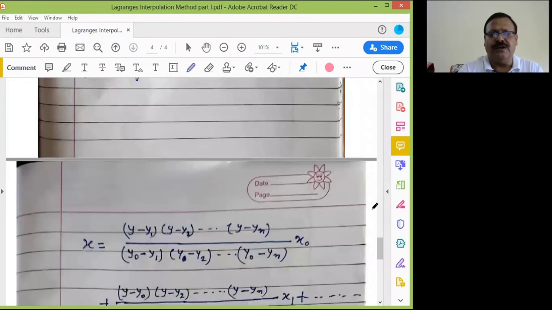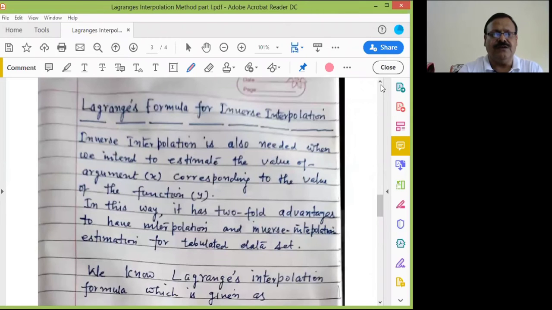So it has twofold advantage. We have seen it has twofold advantage, inverse. So the value of argument x corresponding to the value of function y means we have to give the value of y and we need to compute the value of x. It is very interesting.